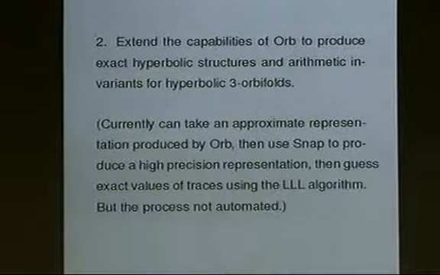So what you can do is start, if you've got a hyperbolic structure on an orbifold, you get an approximate representation of the fundamental group. You get a numerical approximation to a representation into PSL2C. So you can try and use the same idea behind SNAP.